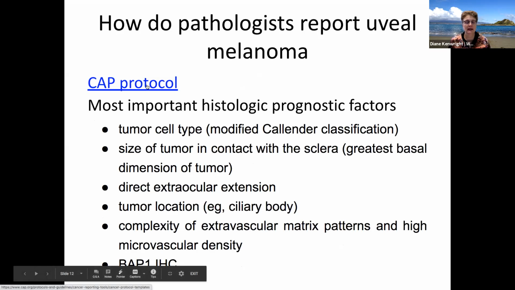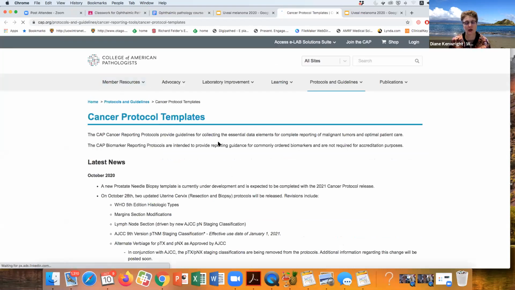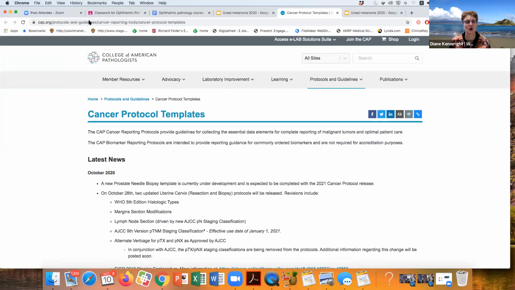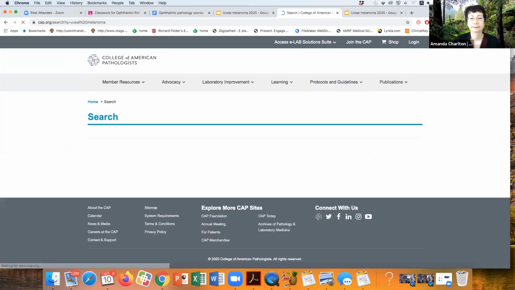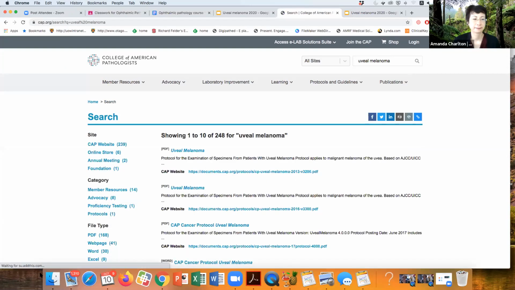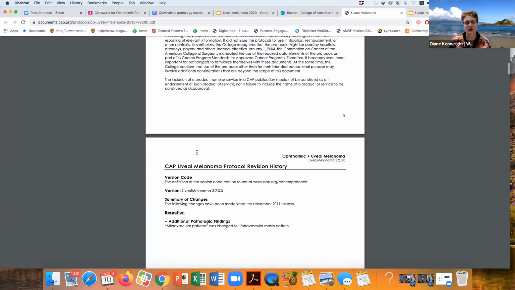So there's a link here to the College of American Pathologists protocol, which I will nip into. So this is what we always use to report it, is protocols put out by the College of American Pathologists. And if you type in ocular melanoma here, I think it's uveal melanoma. Uveal melanoma. Yeah. Okay, it will bring up the protocol for examination of patients. So expect when you get your pathology report back from the pathologist, he or she will be using this protocol.